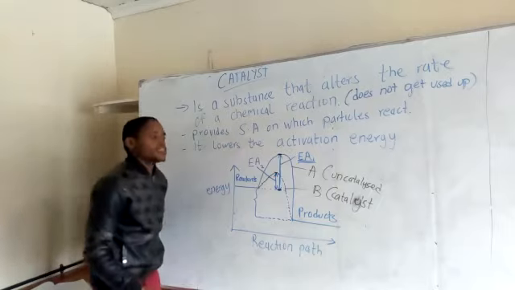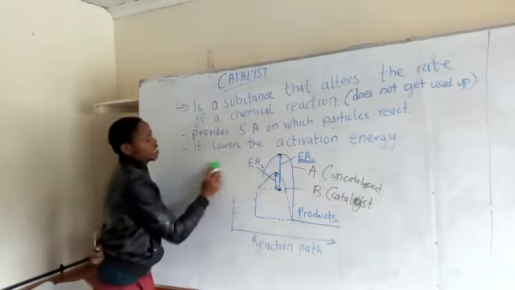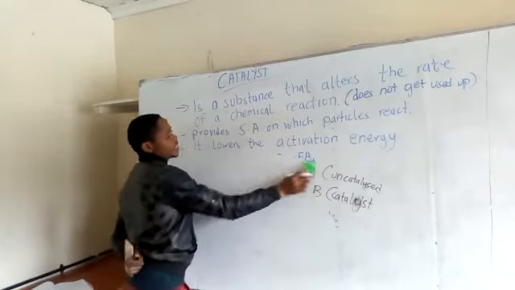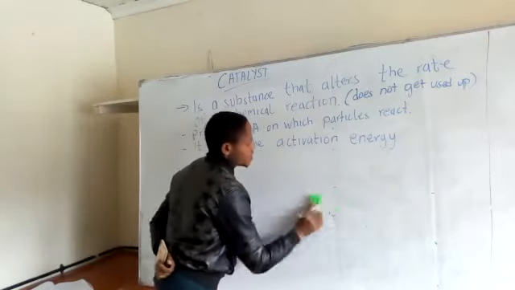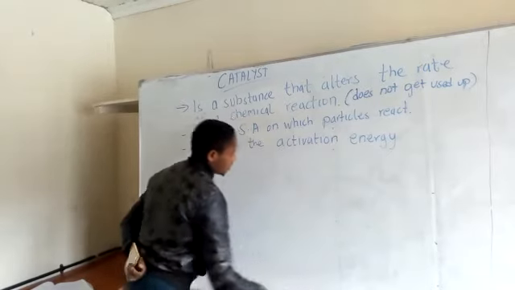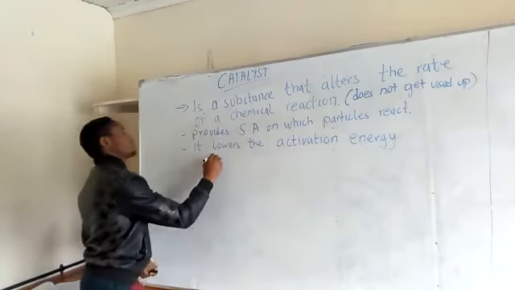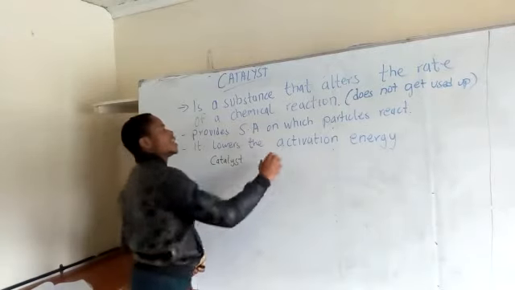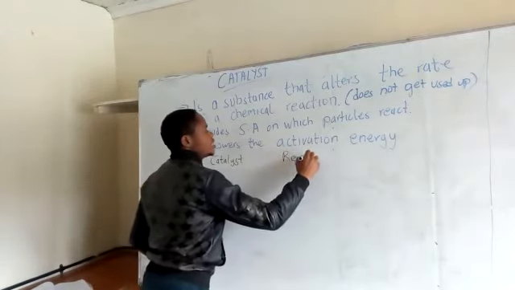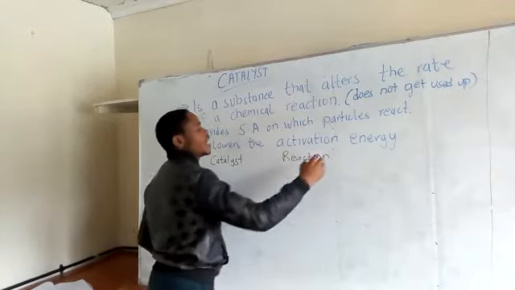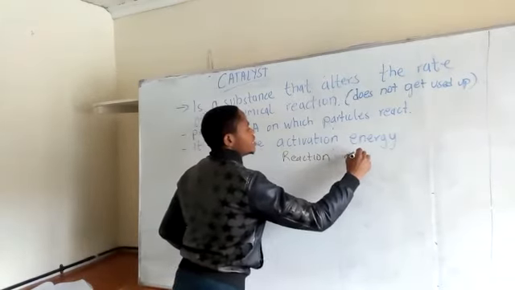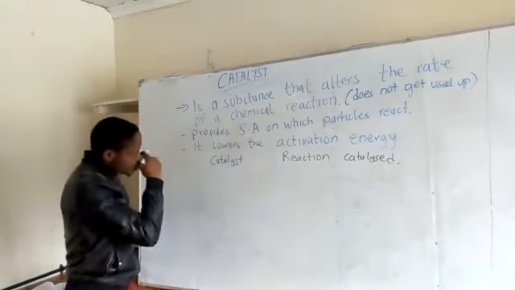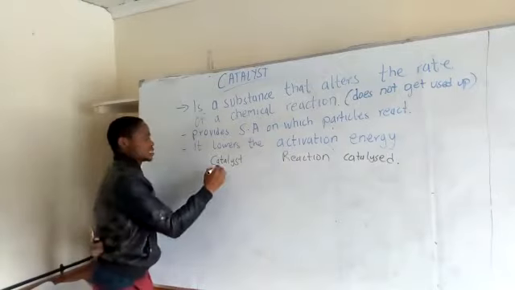There are very many equations that we've learned about in which a catalyst has been used. So a good example, we can have a small table here whereby we have the catalyst, and then on the other column we can have the reaction catalyzed. So in Form 3 you learned about the Haber process.